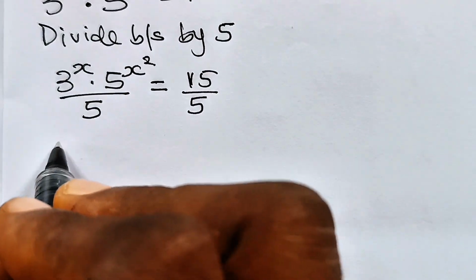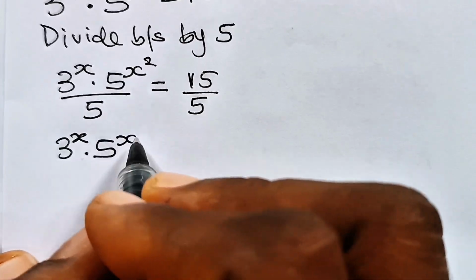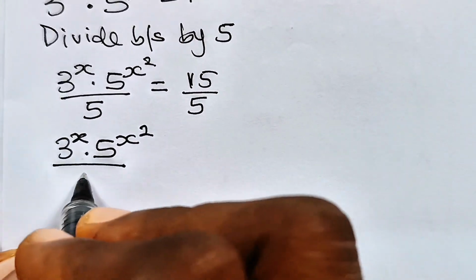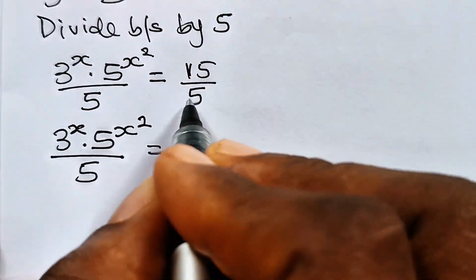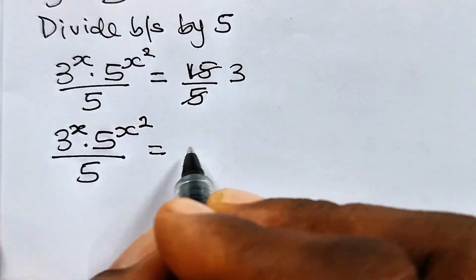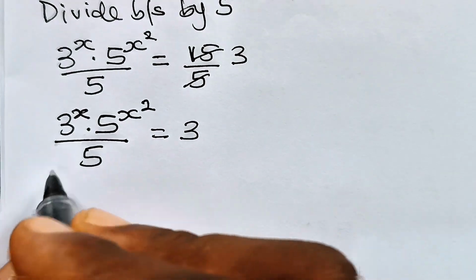So if we solve this, we have 3 to the power of x multiplied by 5 to the power of x squared divided by 5 is equal to, when 5 divides this, we have 3, okay?